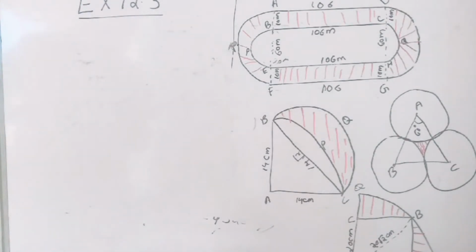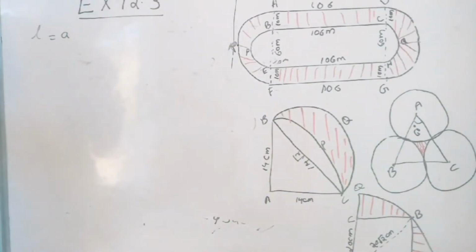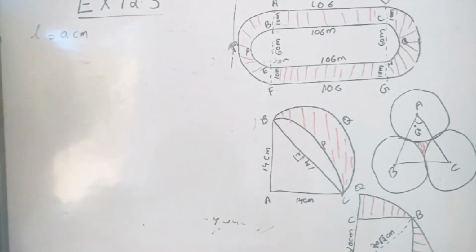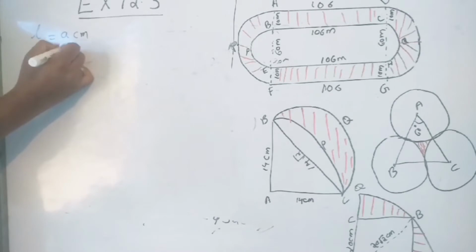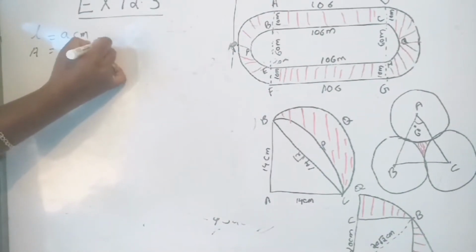Okay, now we don't know the length of the sides of that equilateral triangle. Let it be A centimeter. But we know that the area of an equilateral triangle is root 3 by 4 into side square.